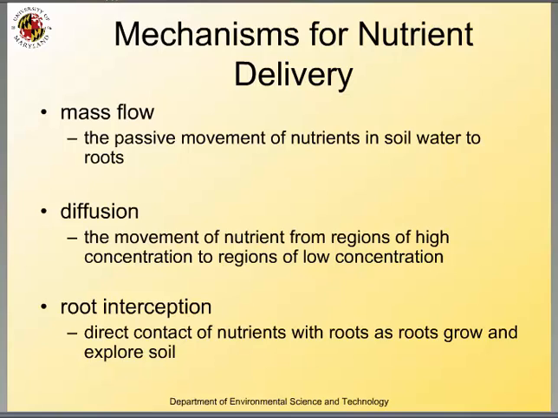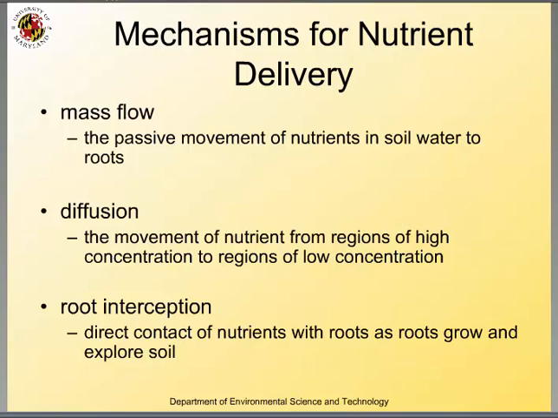Remember, the plants are taking up water, so there's a difference in water potential between the soil and the plant. There's a movement of water through the soil to the plant, and because there's nutrients dissolved in that water, nutrients are going to be delivered to the plant root interface with the water that the plant is going to take up. A lot of nutrients get delivered in that way.